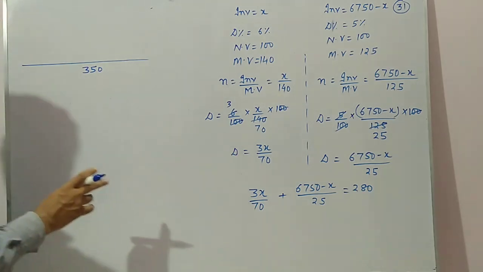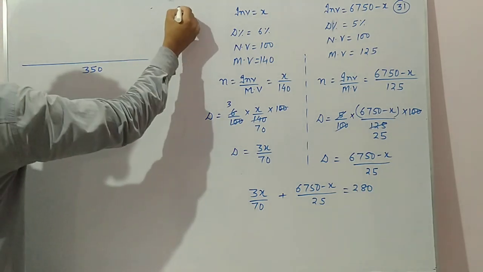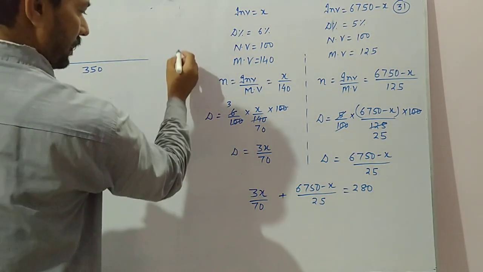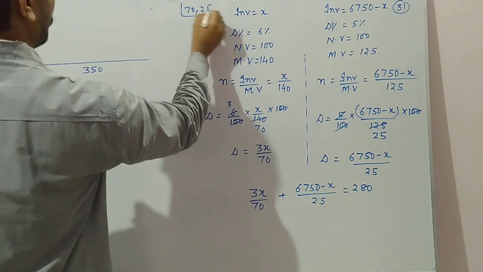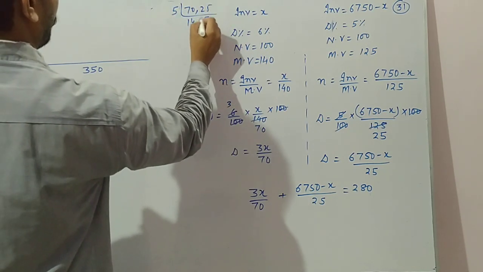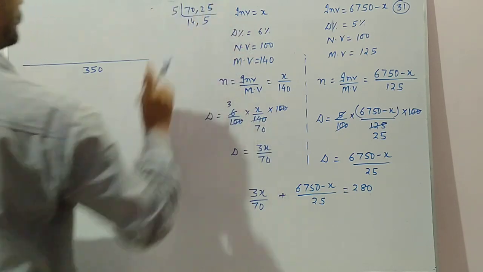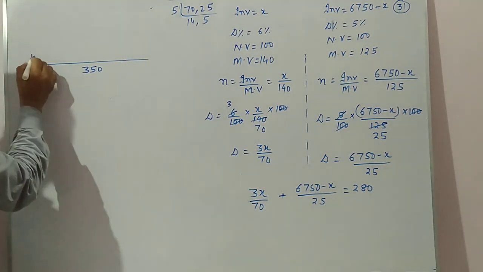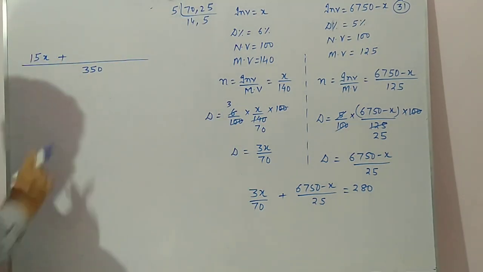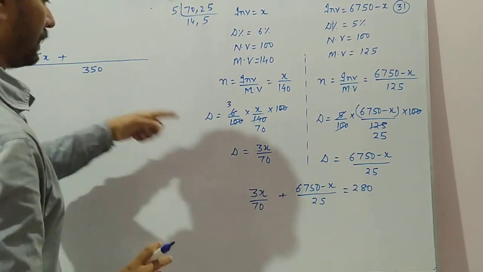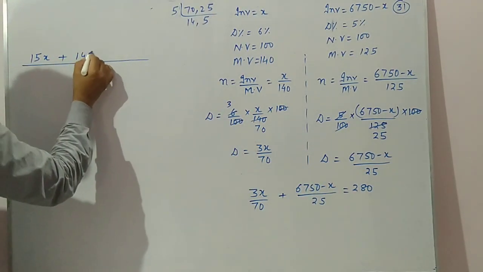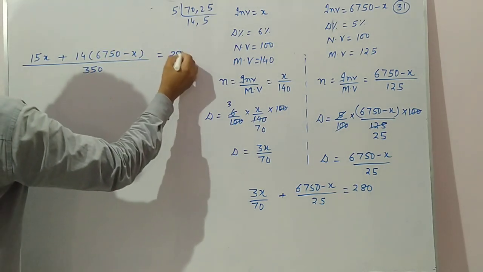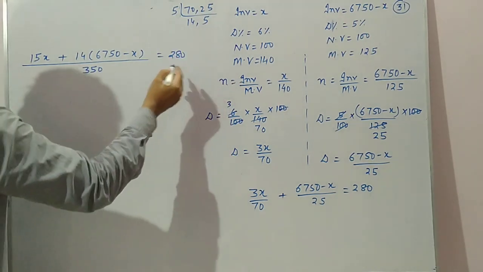So 350 LCM. LCM, that is of 70 and 25, 5, 1, 4, 5, 5. So LCM we are getting 350. So this one 70 is there, so this will be 15x, multiplied by 5, plus 25 divided by 350, you will get 14. 14 into 6750 minus x equal to 280. Okay.